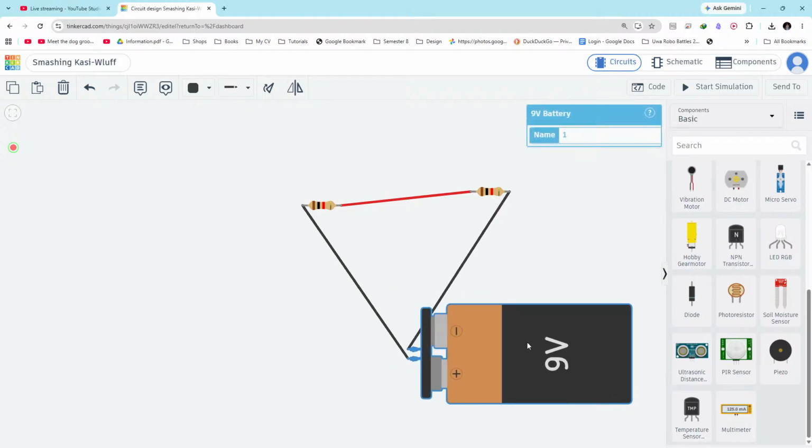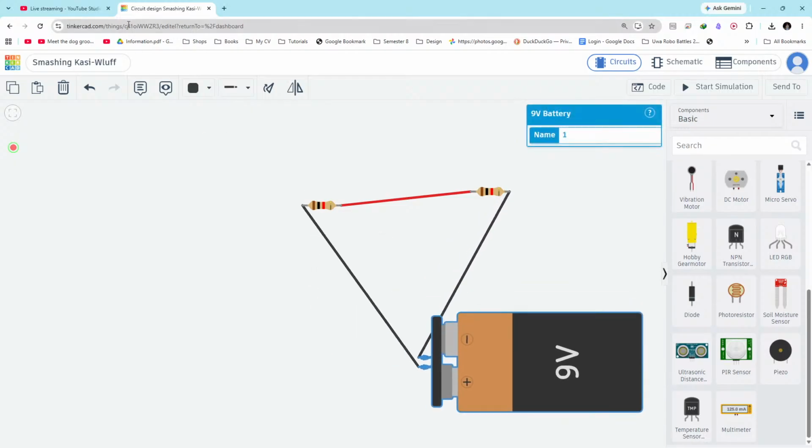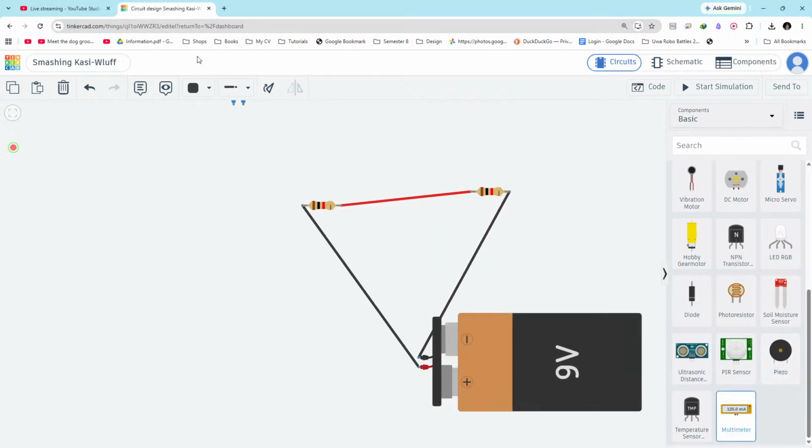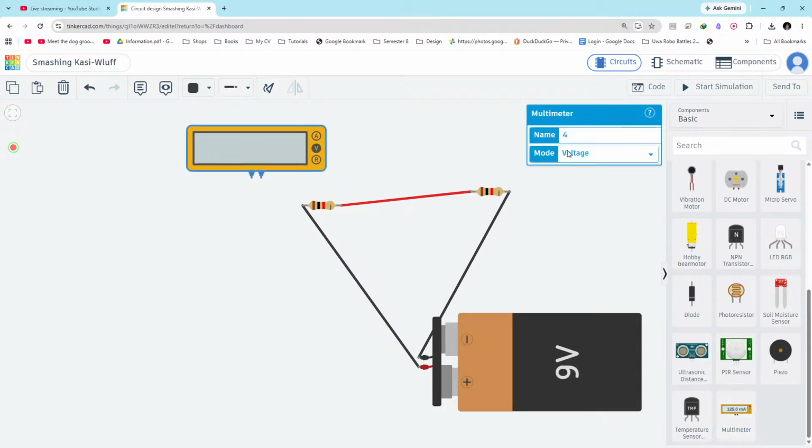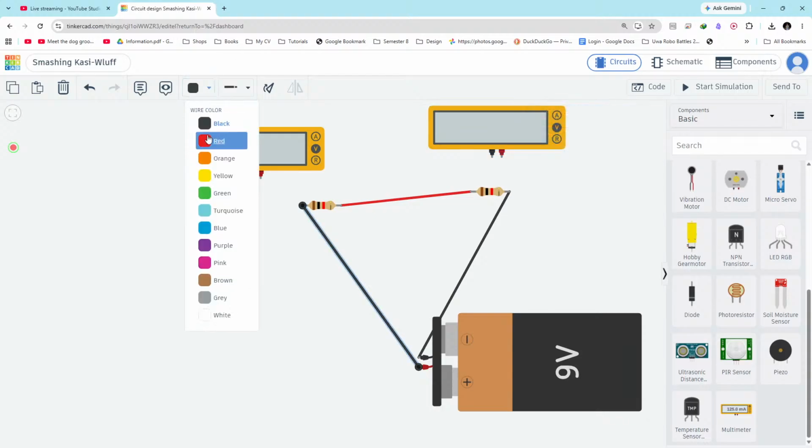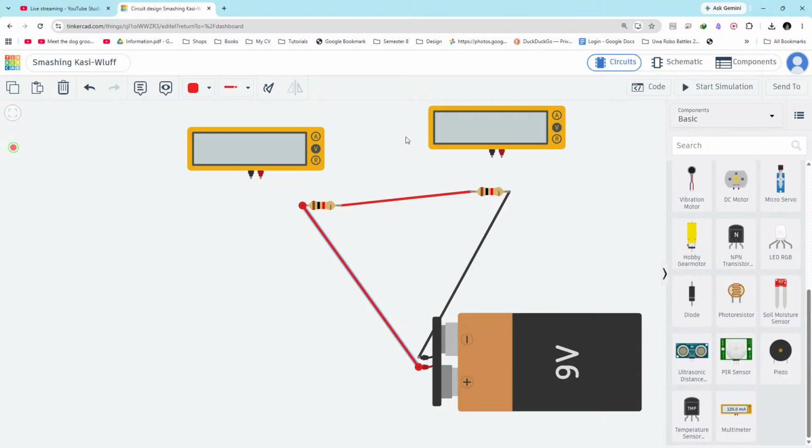And we will move the battery, and let's add the voltmeter. So bring in a multimeter, change the mode to voltage. By default it is set to volts, so that is not a problem. So we add 2. As I said, which side is the positive side? Here I did a mistake, right? So this wire needs to be red color just to avoid any confusion, right?